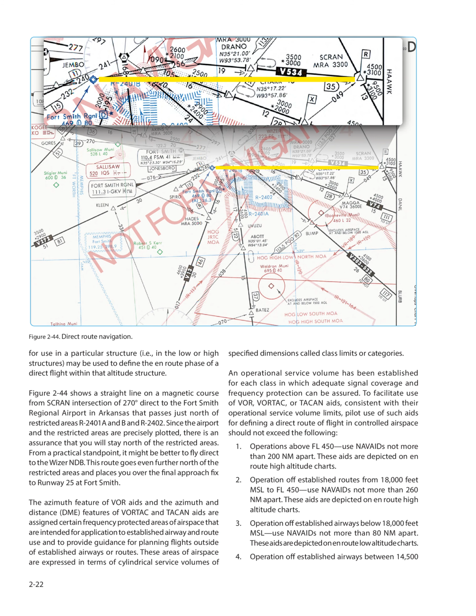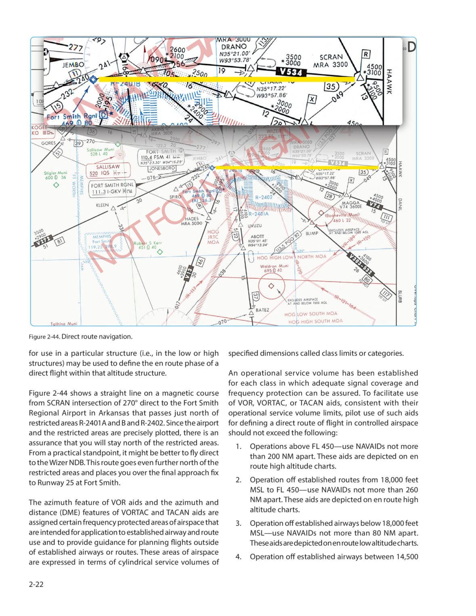1. Operations above FL 450, use NAVAIDs not more than 200 nautical miles apart. These aids are depicted on en route high altitude charts. 2. Operation off established routes from 18,000 feet MSL to FL 450, use NAVAIDs not more than 260 nautical miles apart. These aids are depicted on en route high altitude charts. 3.